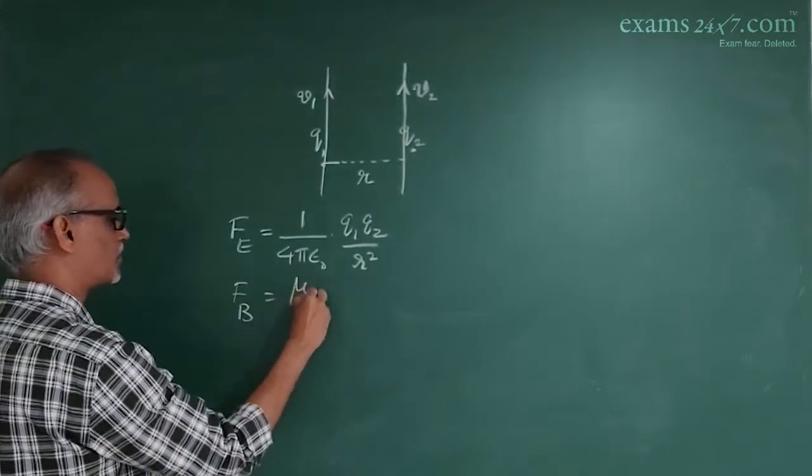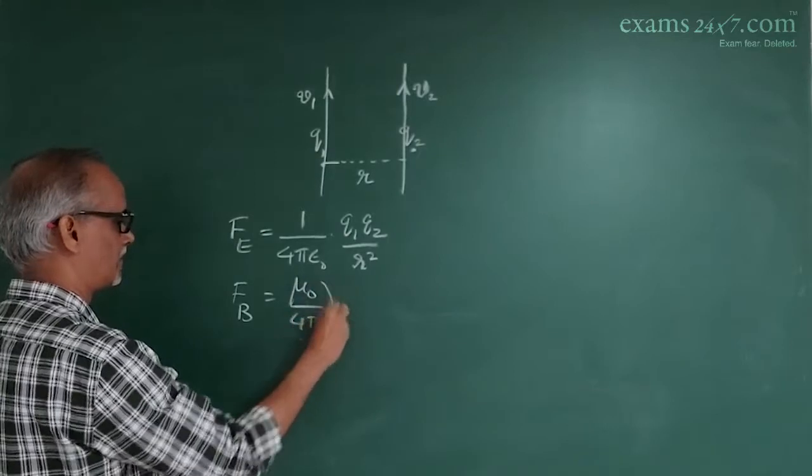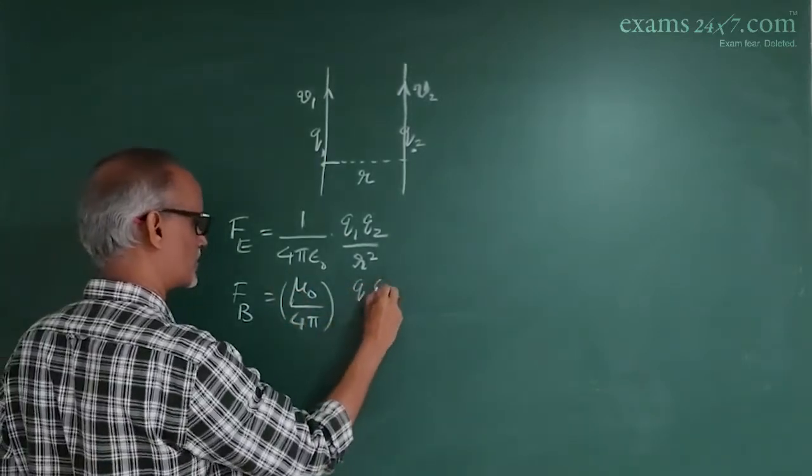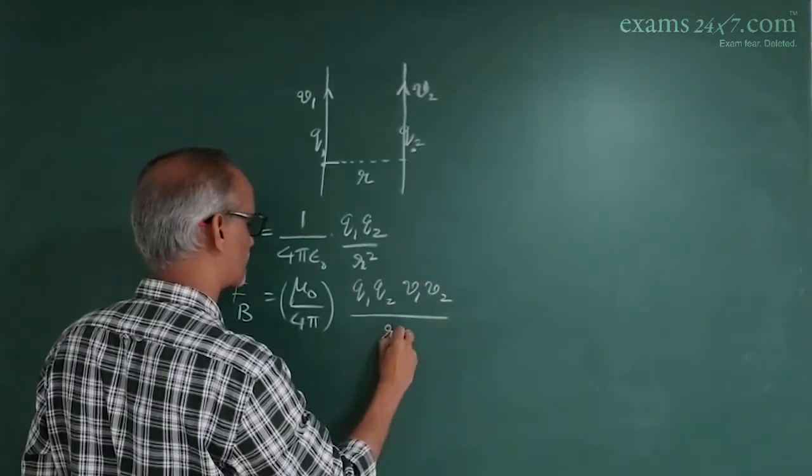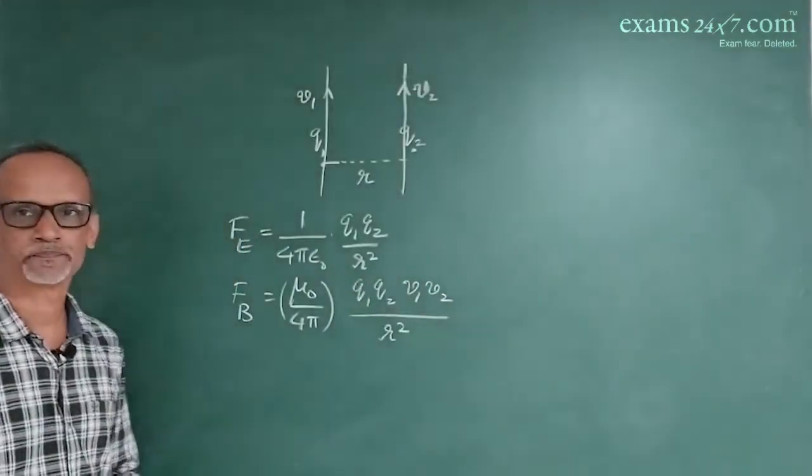That is given by mu naught by 4 pi Q1 Q2 V1 V2 by r square.